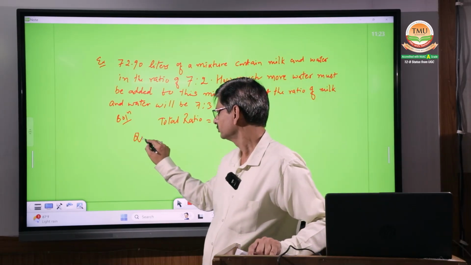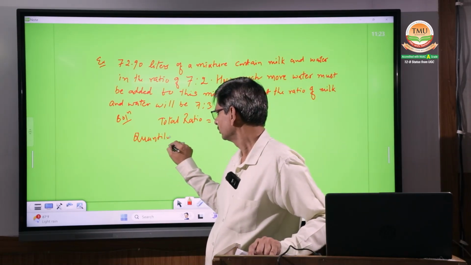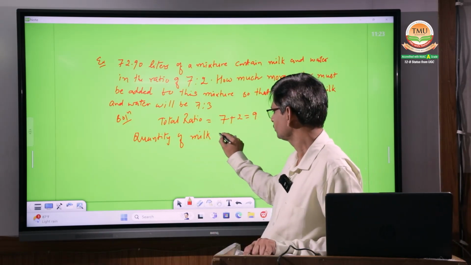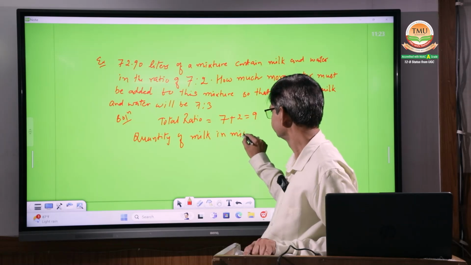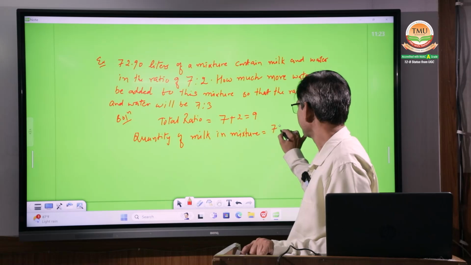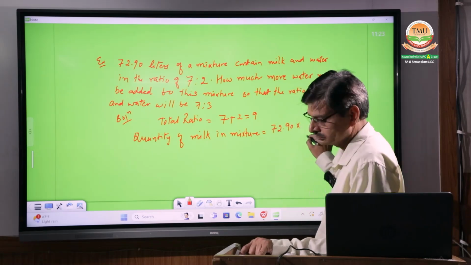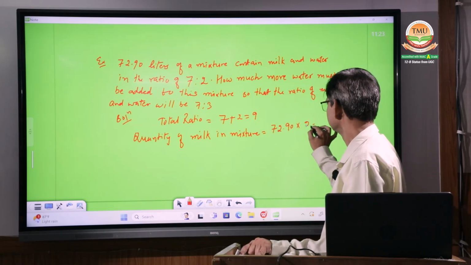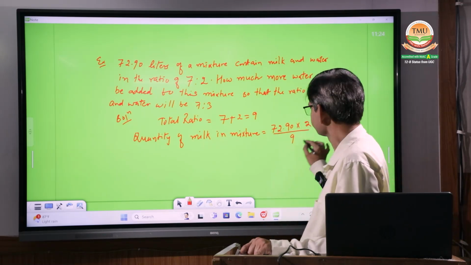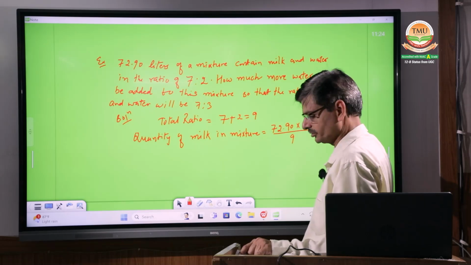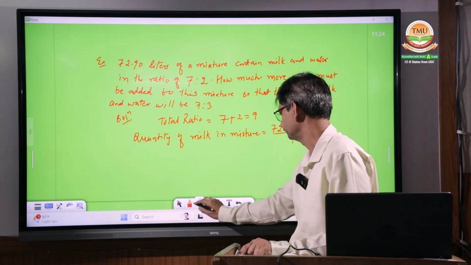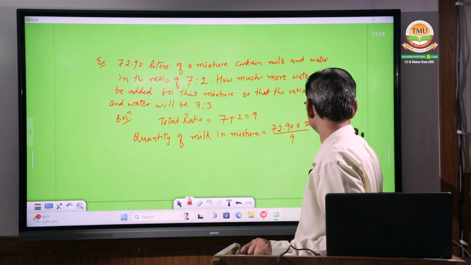Quantity of milk in mixture is 72.90 multiplied by 2 upon 9, which is 16.20 liter.